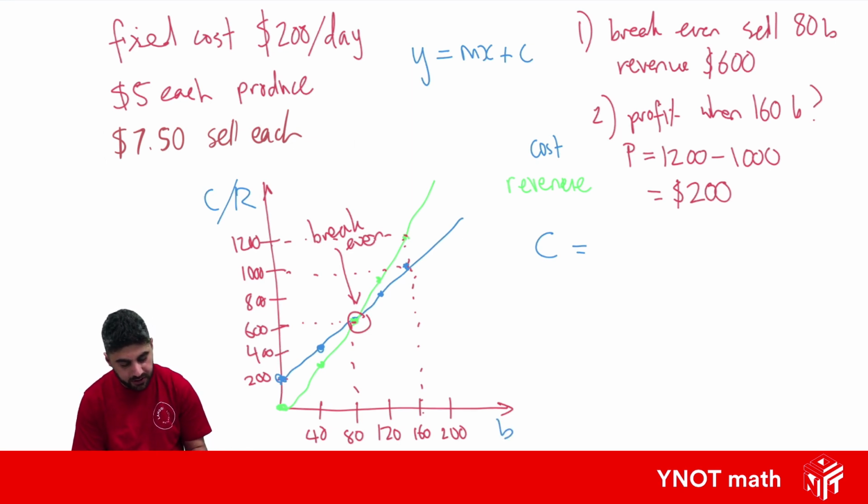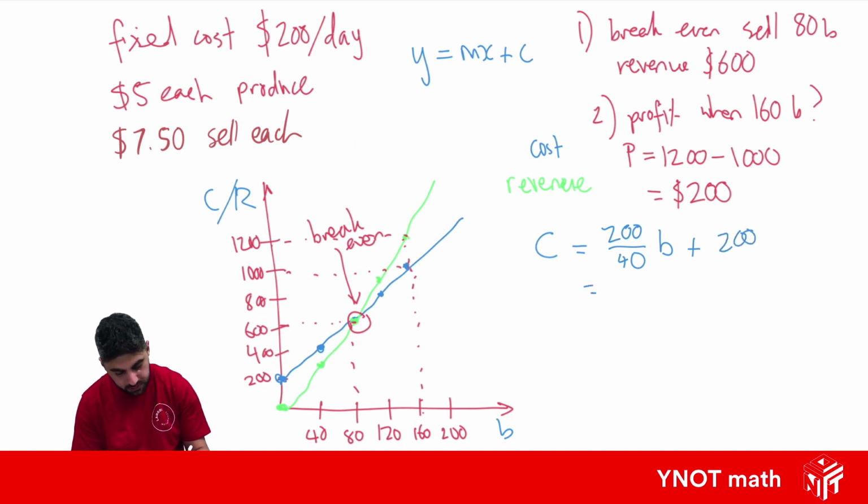So our cost is going to equal the gradient of the cost line. It's going up 200 for every 40 we go across. So that's our rise over our run. So our gradient is 200 over 40 times B, plus our y-intercept, which is 200.